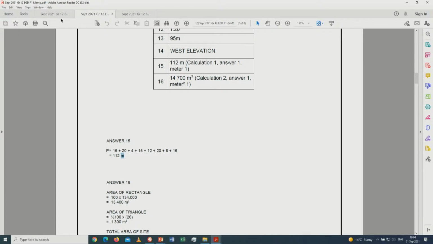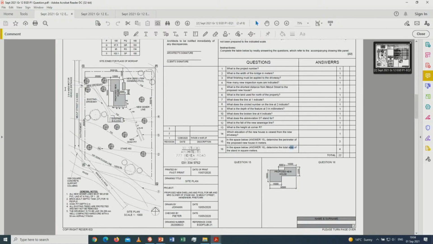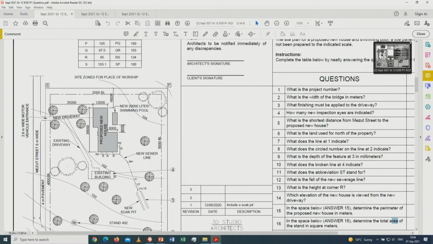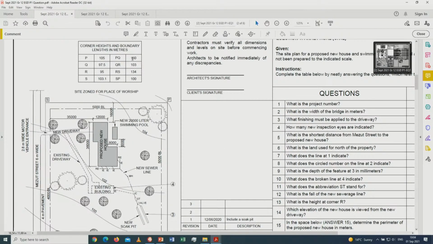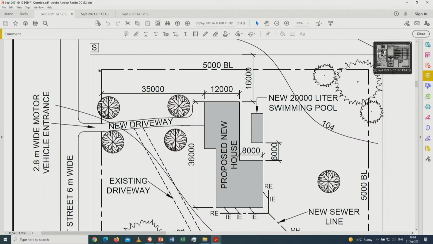The other trick to watch out for from the examiner is sometimes he's asking, for instance, for the perimeter. So what is the perimeter? Then of course you can go to your areas over here. These are the distances in meters, so therefore you can total up that. But then if the examiner is asking the length of the fence, then the learner should not just add up all those marks.